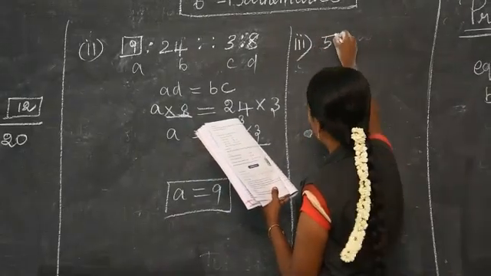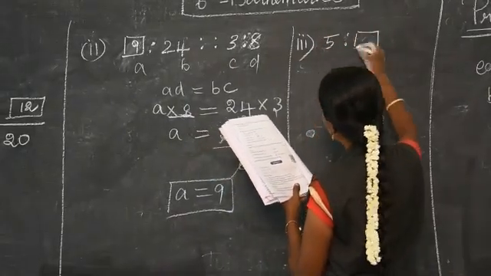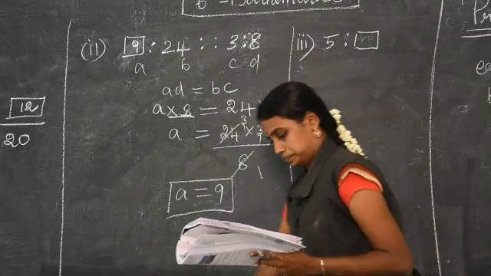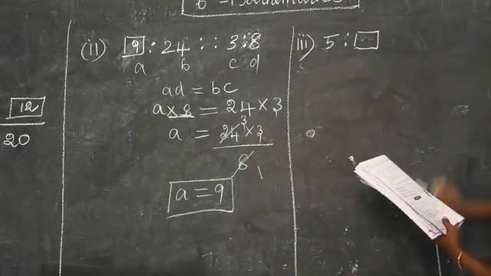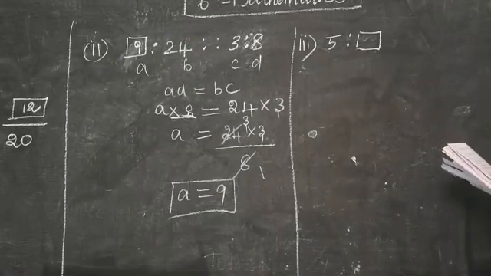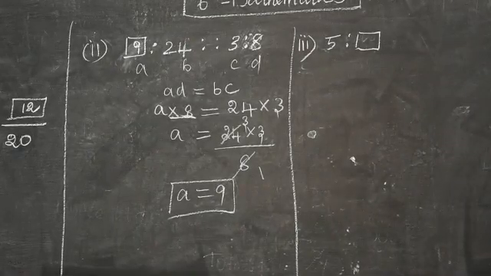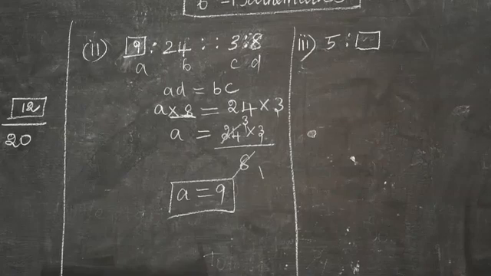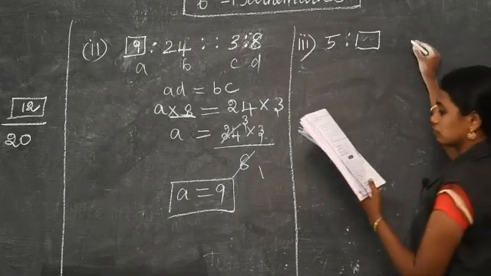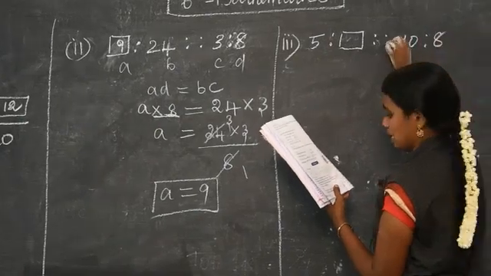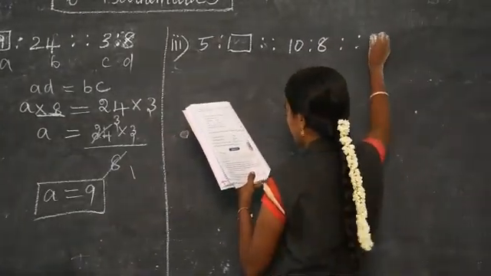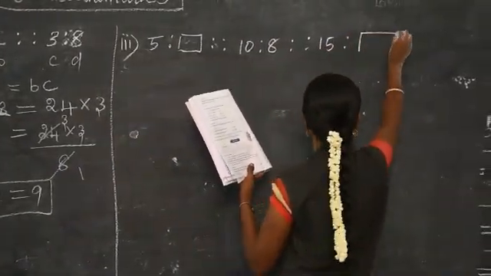Option 3, 5 is to the box, and as 10 is to 8, as 15 is to box.